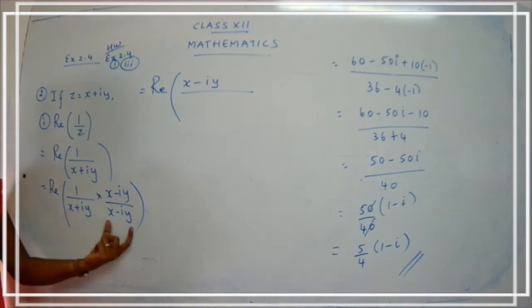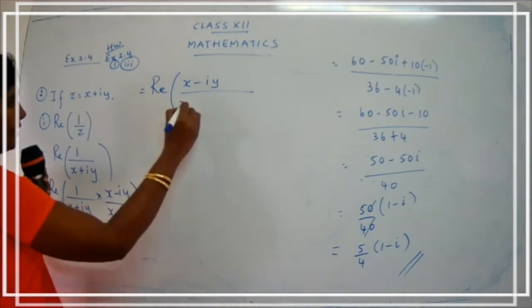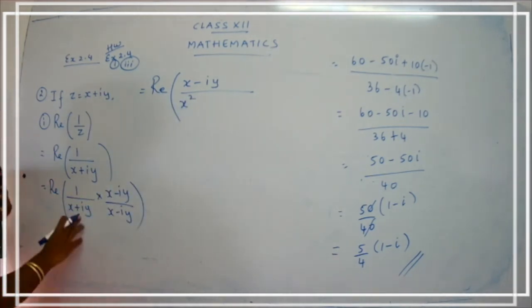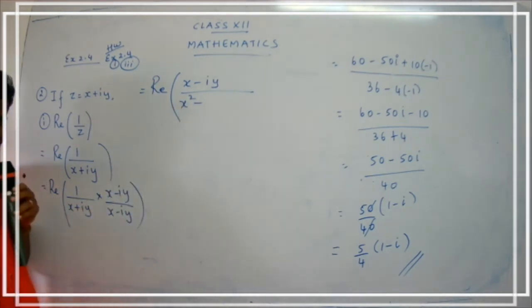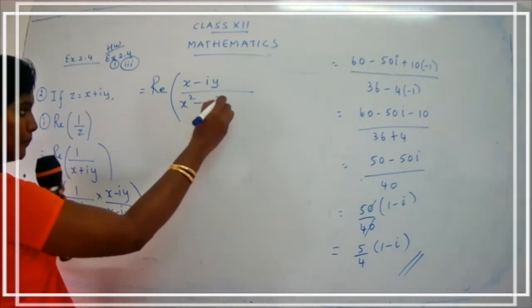A plus b into a minus b. What is the answer for a plus b into a minus b? A square minus b square. What is a here? x. So x square. Clear? Minus b square. B square, that means I'll write here y square.